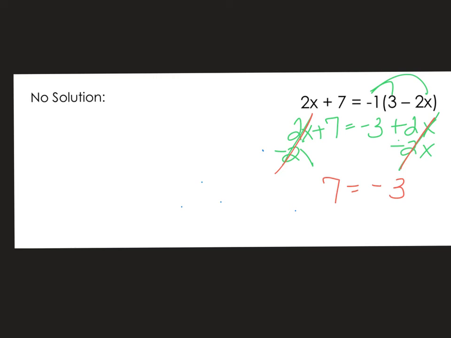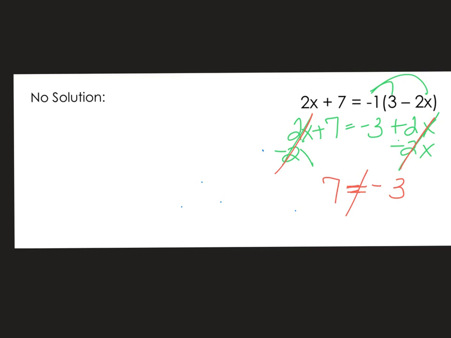Is this a true statement? Can 7 equal negative 3? No, it cannot. So in this case, what we have is a situation where we don't have a solution. This doesn't mean that x equals 0.